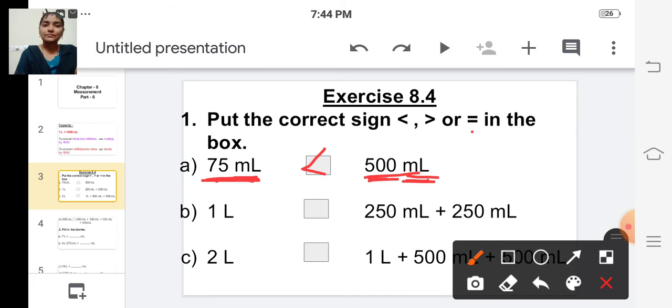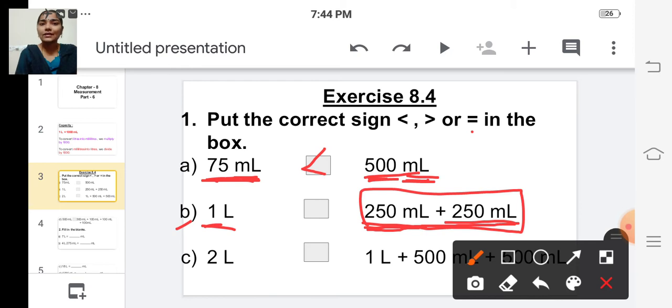Okay, children? So the second sum B, here 1 liter and here 250 milliliter plus 250 milliliter. First let's simplify this, and then we can compare, right? Because here two terms are there, so first we can simplify this.